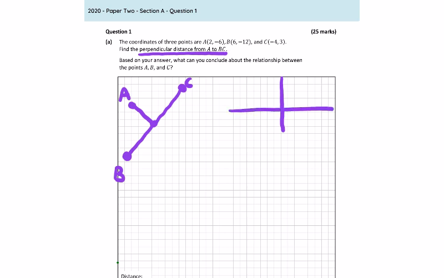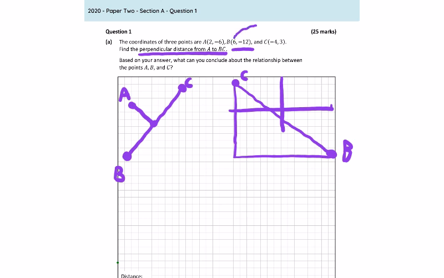So we have (6, -12), so 6 across and down 12 approximately here for B. And then C is (-4, 3), so it will be up here, so it's definitely a negative slope.